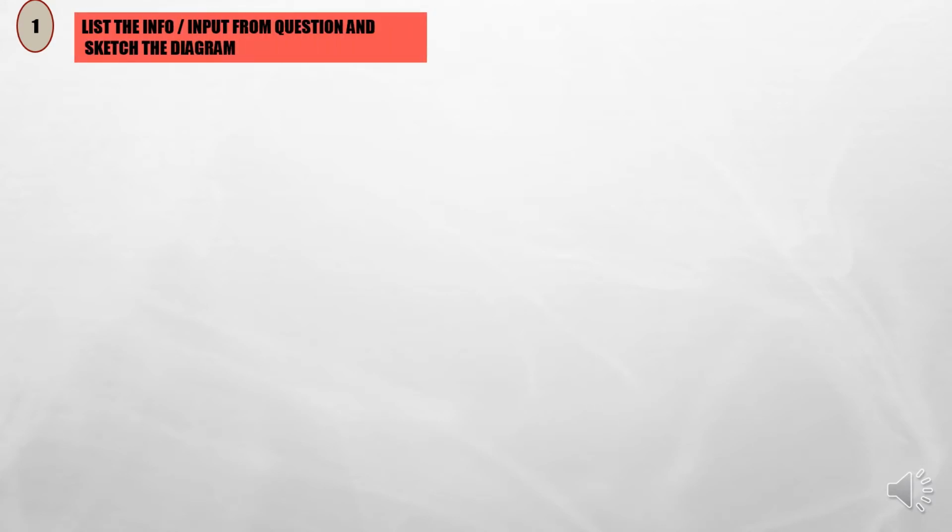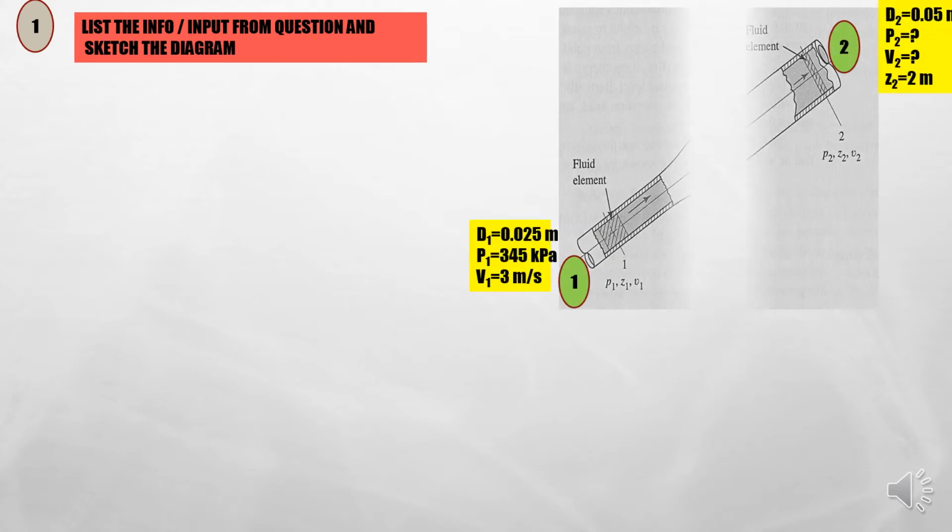As usual, what is the first thing that you should do? The first thing is you should sketch the diagram with the complete info provided in the question. From the question I managed to extract the information as I showed in the previous slide: D1, P1 and V1 are provided for point number 1.